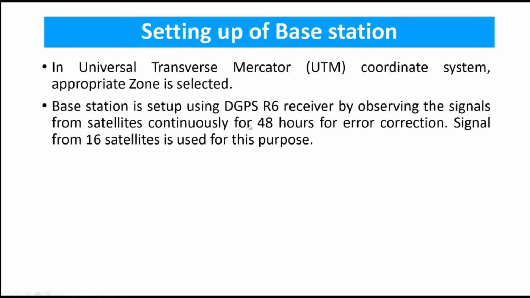If we observe for 48 hours, we get the accurate value of the position of the base station. Then signals are observed from 16 satellites. 4 or 5 also can be done, but more satellite signals means more accuracy.